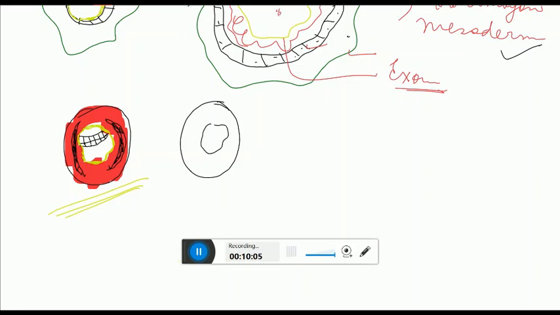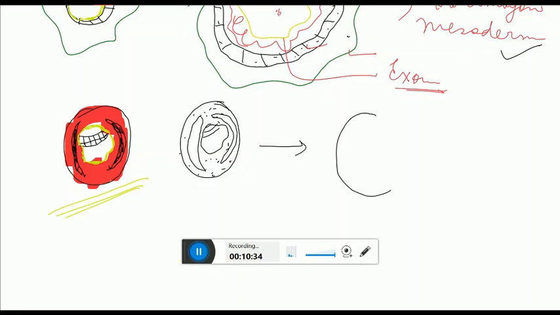This was our exocoelomic membrane, epiblast, hypoblast. Our cavity has been generated. This is the first observation, and the rest is extraembryonic mesoderm.